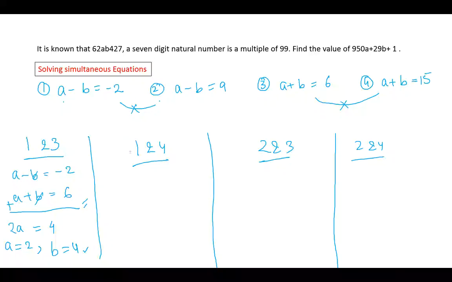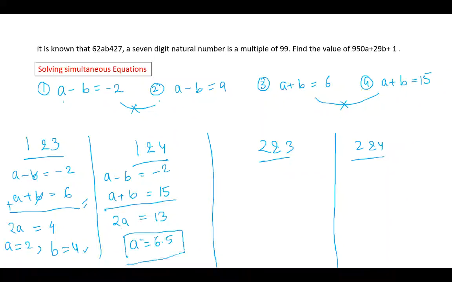But I have to check if there is another set of values that can satisfy this answer. So I'll start with equations 1 and 4. I'm getting a minus b equal to minus 2 and a plus b equal to 15. If I add these two, I get 2a equal to 13 and a will have to be 6.5. See, now the property that we discussed, a cannot be 6.5, so these set of values are not correct.